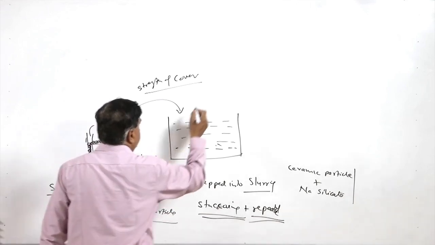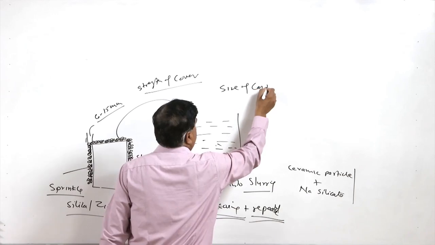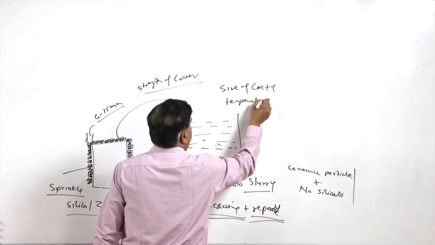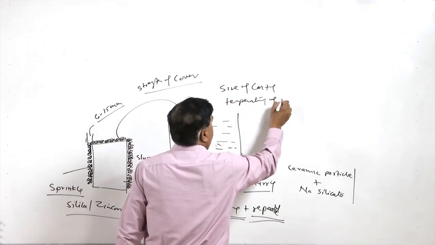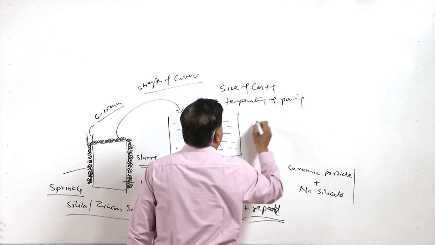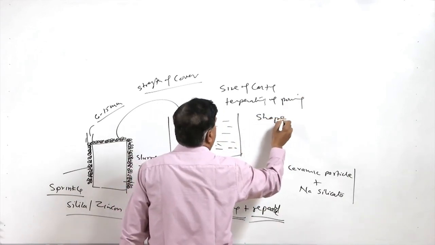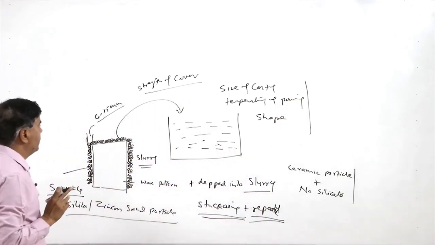As per the size of the casting, the temperature of pouring of the molten metal and the shape of the casting will govern the thickness which is to be used.